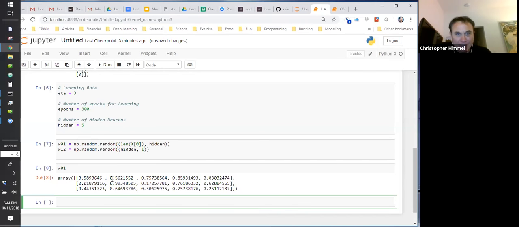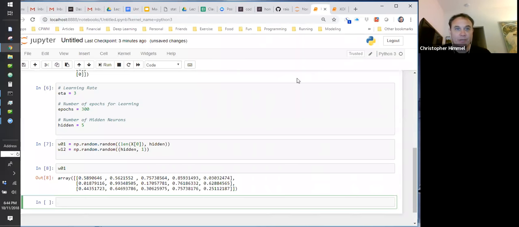This NumPy random function creates a matrix, and I've got 5 columns, 3 rows. These are for each of the 5 neurons in the hidden layer, and then 3 inputs. These are the weights in between the input layer and the hidden layer. So that's why I call it W01.